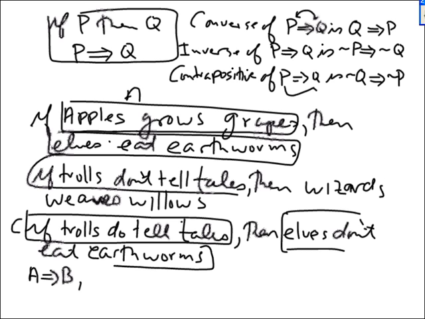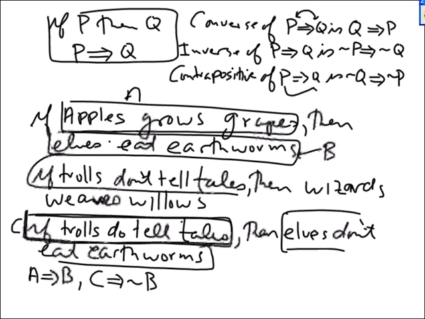I named it B. Elves do eat earthworms is B. Remember, the first statement was A implies B. So elves not eating earthworms is not B. So C implies not B.